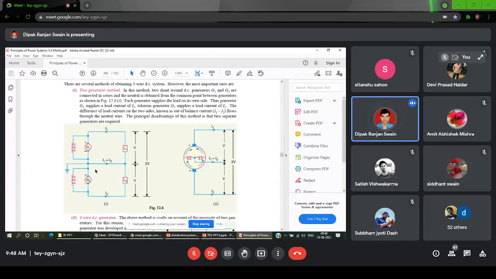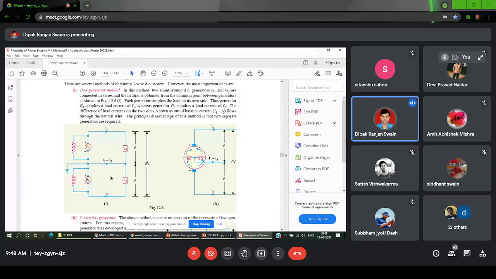So what we do is, instead of a two line system, we use a three line system. In the three line system, as you can see, two generators are there. The middle point of the generators is taken to be the neutral line. Across load one, L1, the voltage is V1, and across load 2, the voltage is V2, like that.